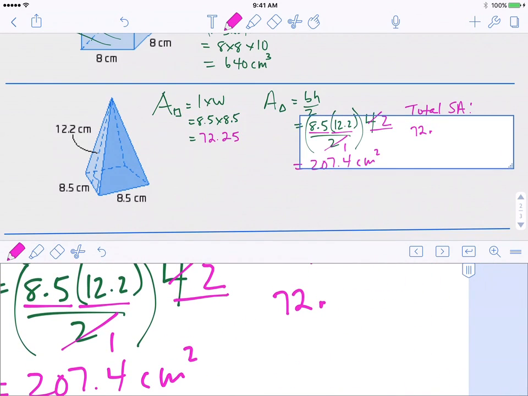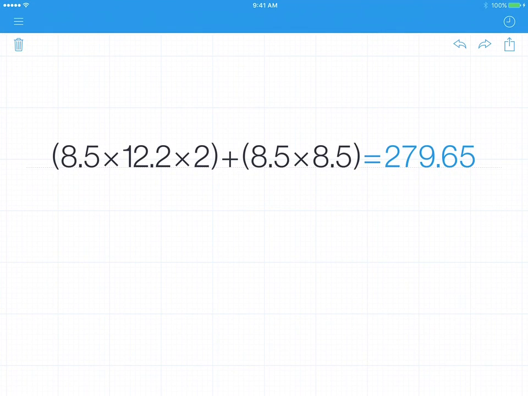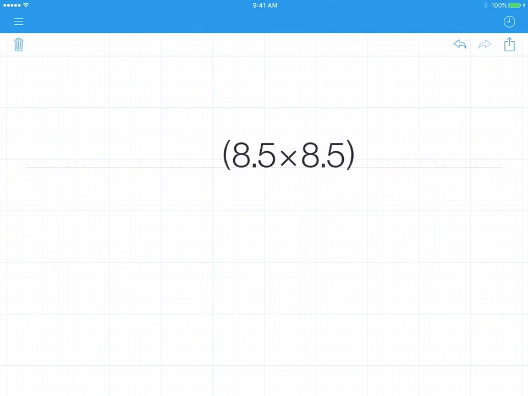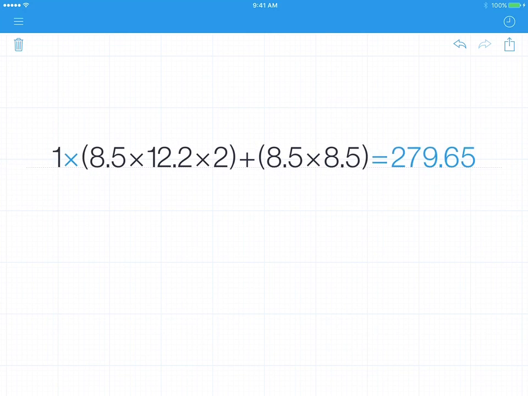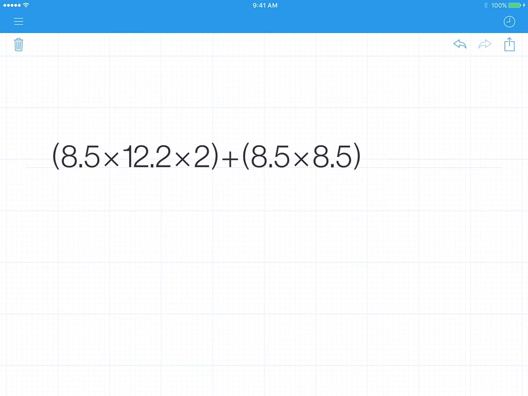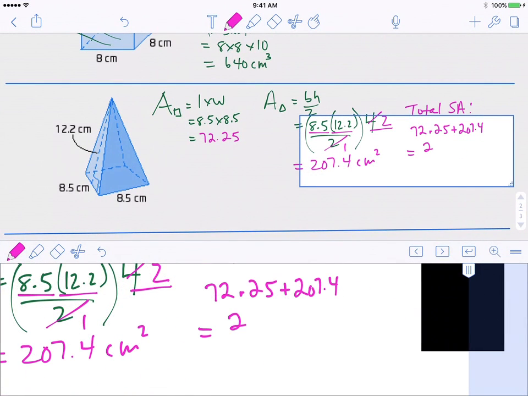And this is 72 and a quarter plus 207.4. That's 279.65 squared centimeters. All right. So there are the calculations.